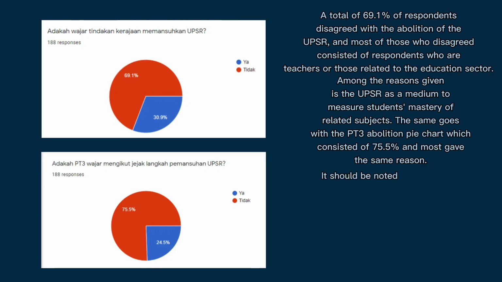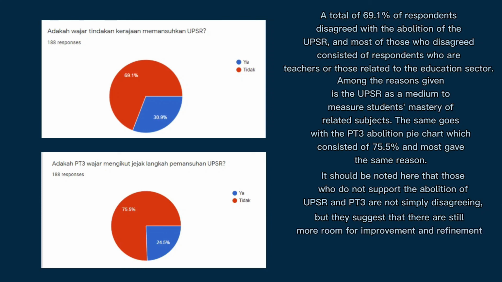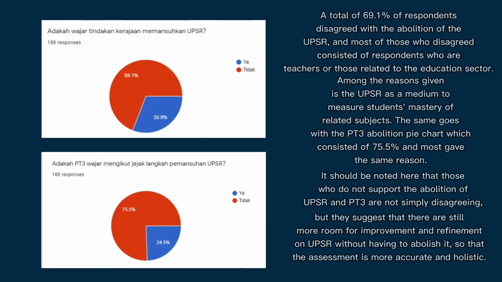And it should be noted here that those who do not support the abolition of UPSR and PT3 are not simply disagreeing, but they suggest that there is still more room for improvement and refinement on UPSR without having to abolish it, so that the assessment is more accurate and holistic.